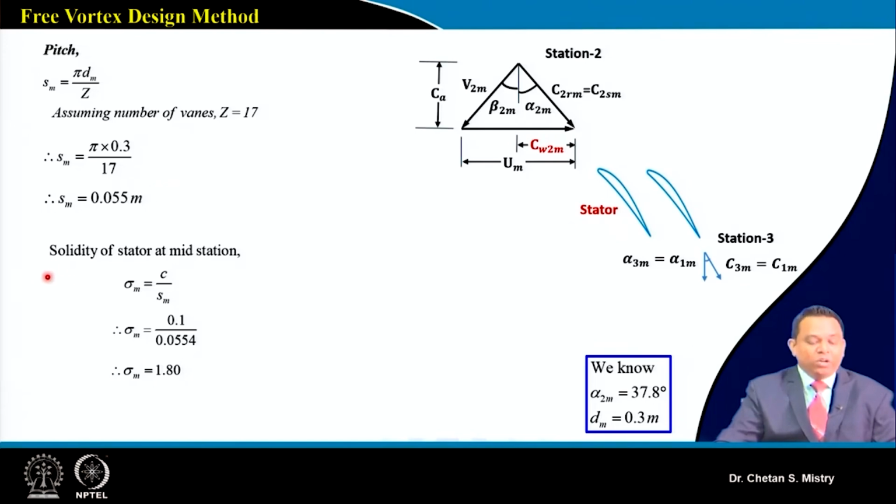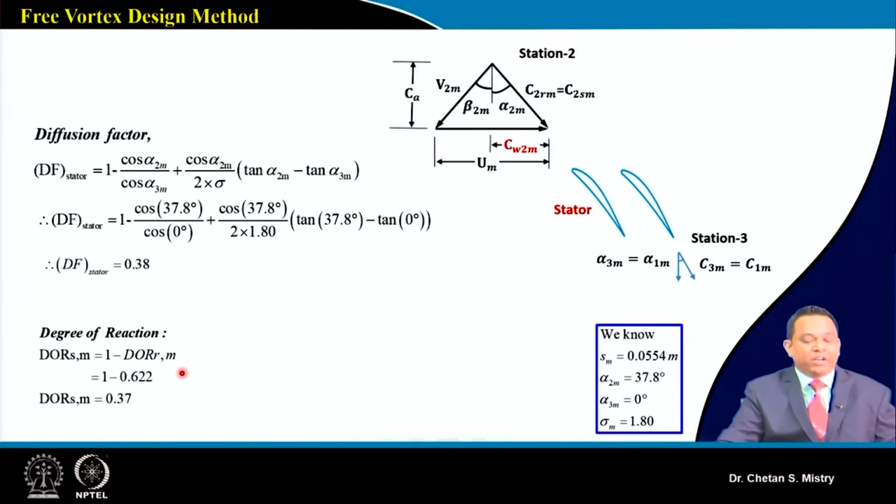Now the solidity, defined as the chord to pitch ratio, for the stator is coming 1.80. At the mid station, if we know our solidity, we can calculate our diffusion factor. This is the formulation for the diffusion factor.